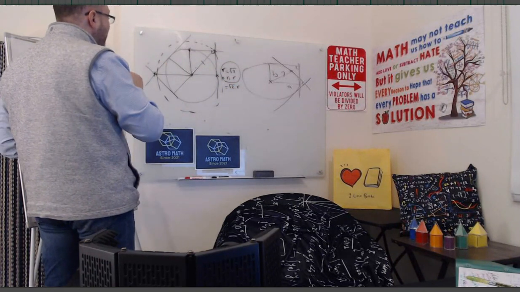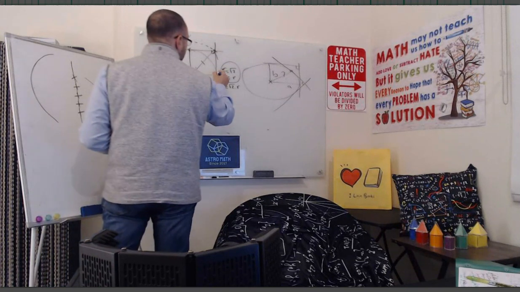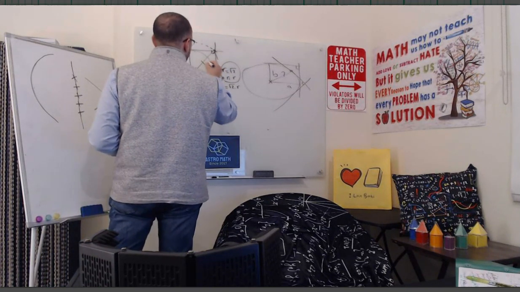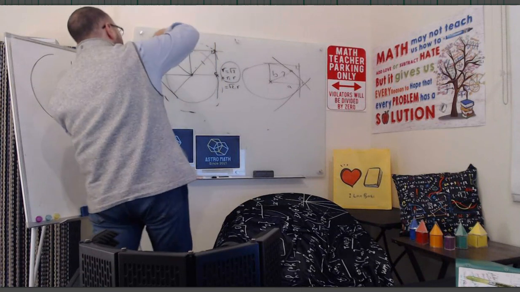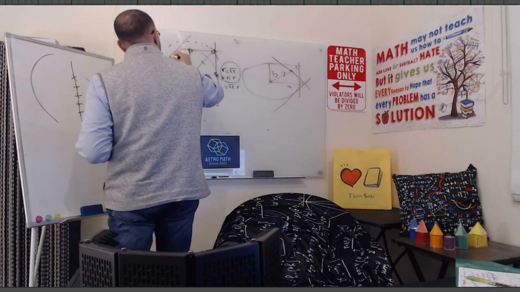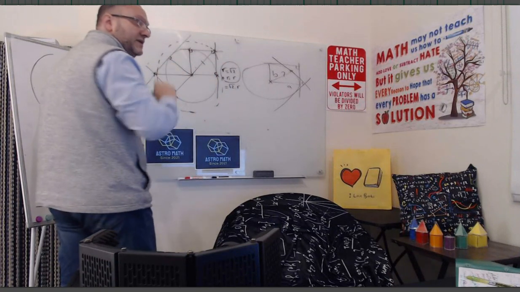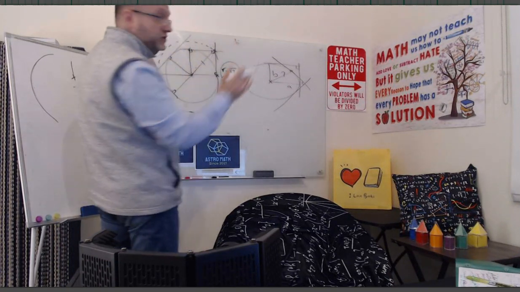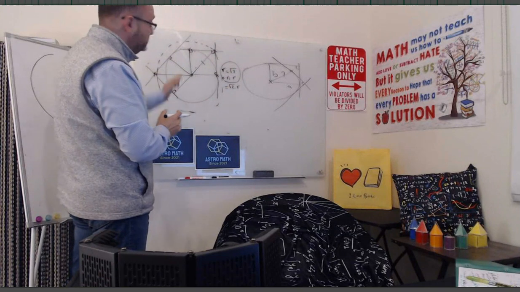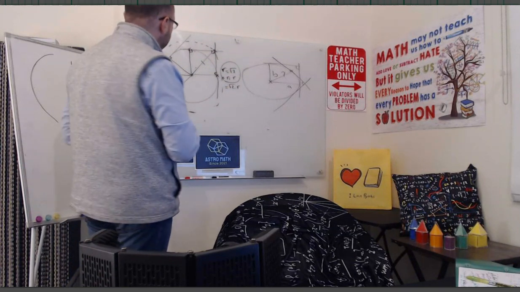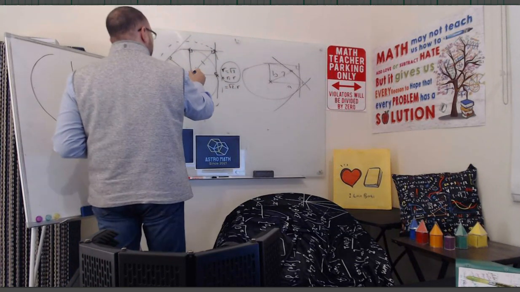But look at the point of tangency, meaning this point. The point of tangency of any tangent around this original circle is also equidistant from that center.